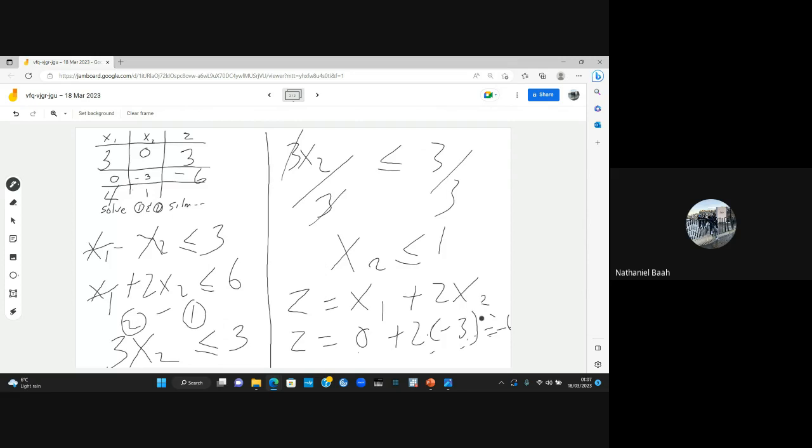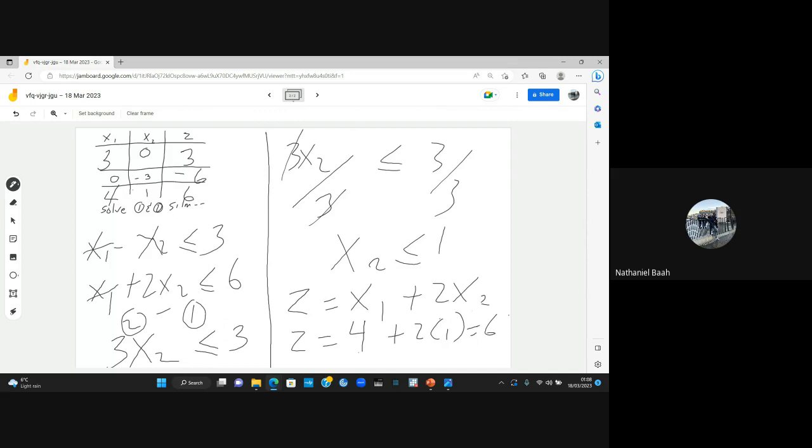Good. So let's proceed. Let me erase this. Let me erase this. Good. So now, when x1 is 4 and x2 is 1, so I'm going to get 4 plus 2 times 1. So what are we going to get here? We are going to get 6.